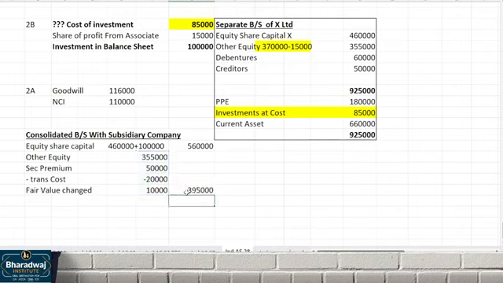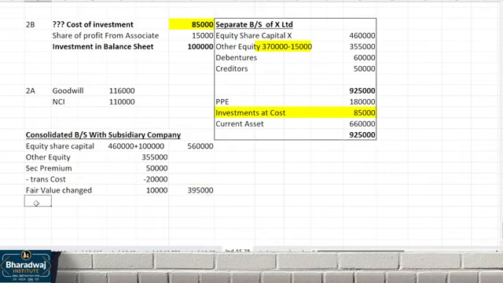What is the total? 3,55,000 plus 50,000 minus transaction cost 20,000, plus fair value change 10,000. What is the total? 3,95,000.